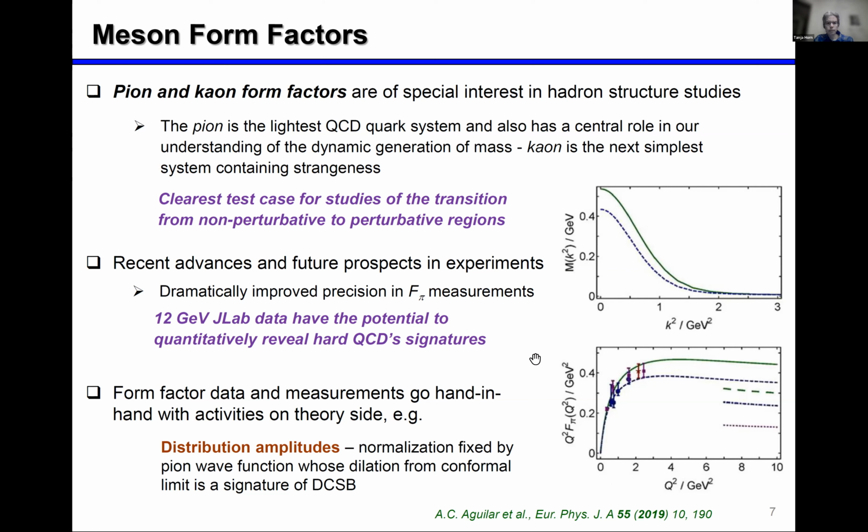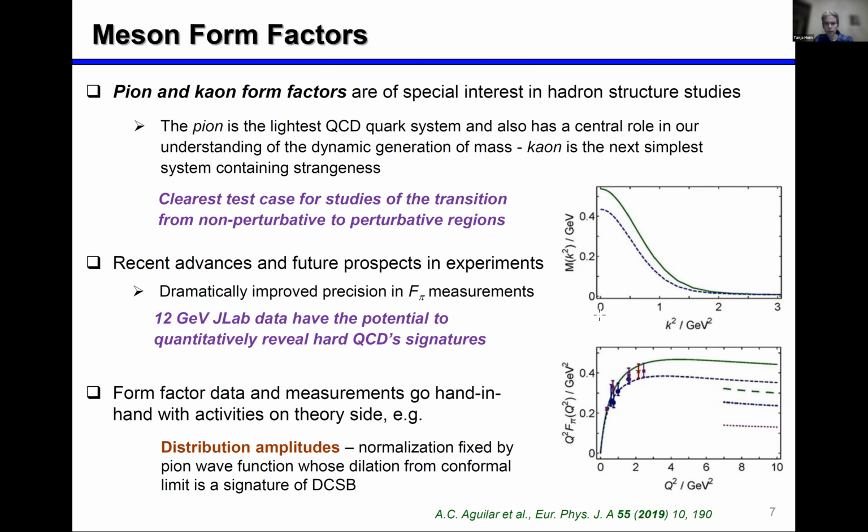There have been a lot of advances with these measurements over the last decades, and I'll say a few more words about that. And one can also show that this form factor is related, or rather linked, to the distribution function, which is, of course, a probabilistic interpretation of the pion-kaon structure, which is shown again here.